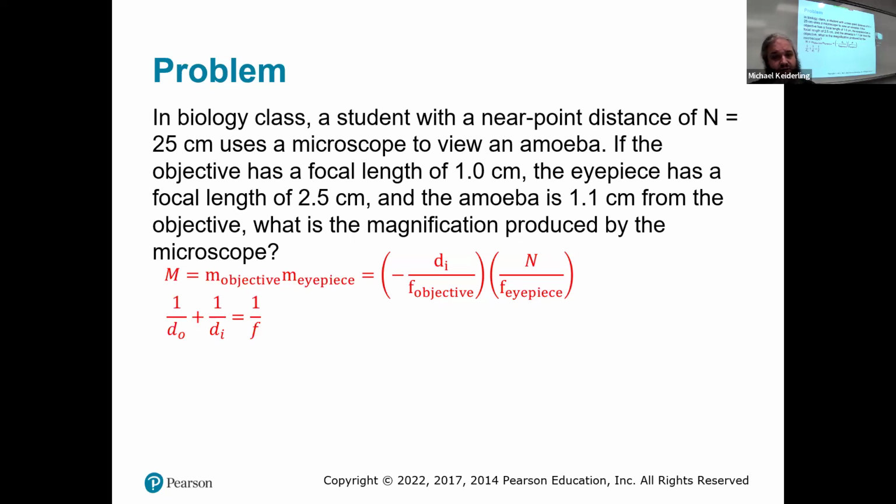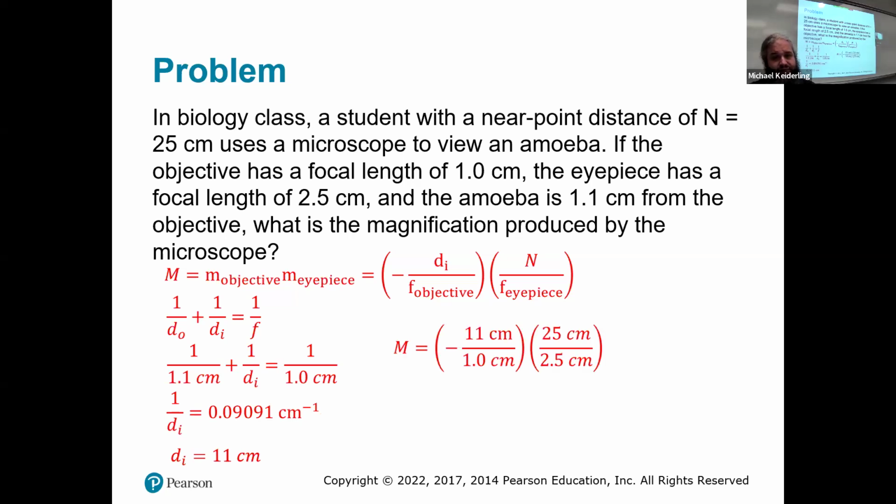We know do and the focal length of the objective. So that's 1.1 centimeters. 1 over 1.1 centimeters plus 1 over di equals 1 over 1.0 centimeters. So di ends up equaling 11 centimeters.